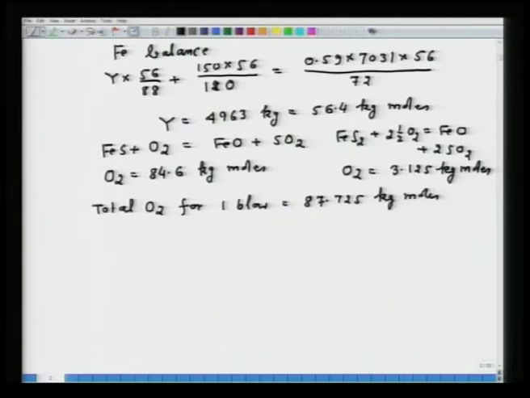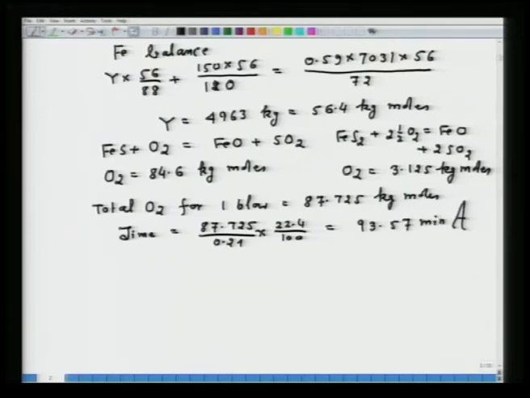Now the time we can calculate, that will be equal to 87.725 upon 0.21, that is the amount of air, into 22.4 upon 100, because we blow 100 meter cube per minute. So, the time is 93.57 minutes. That is the answer for the time for the first blow.